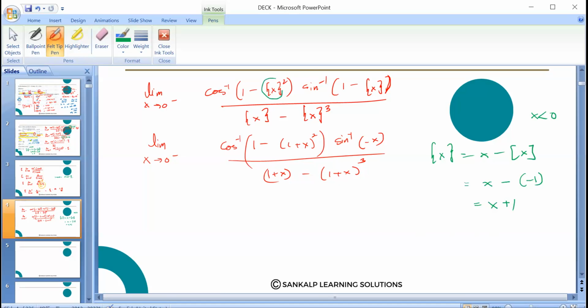So we are writing bracket x as 1 plus x. Here also we are writing this bracket x as 1 plus x. Here also we are writing bracket x as 1 plus x. And here also we are writing 1 plus. This is how we got this.